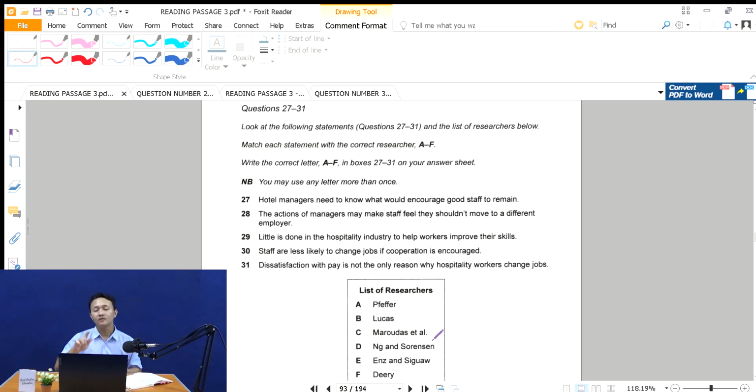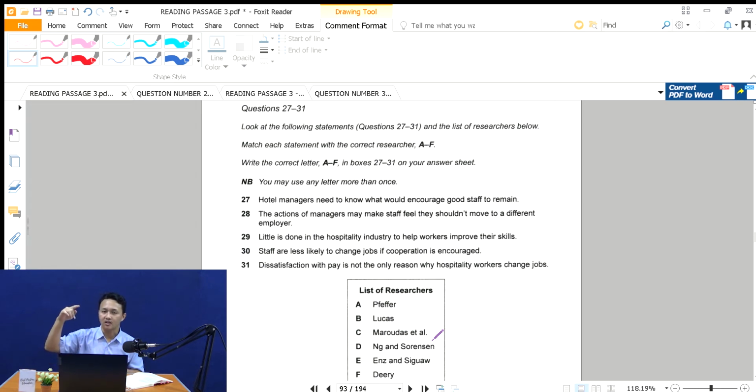Also, the questions will not appear in order in the text. It's not like summary completion, note completion, table completion, or multiple choice, ABC, where the answers come in order.